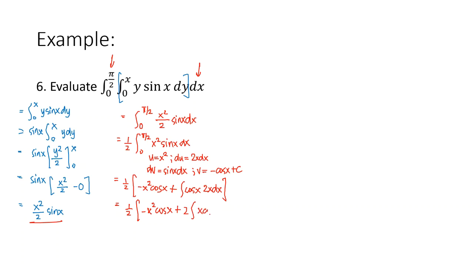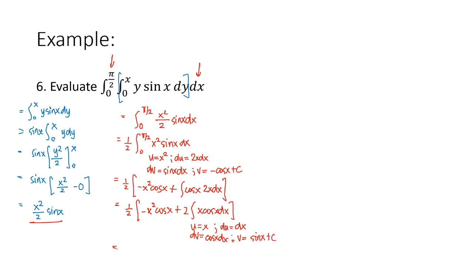We have the x cos x dx. So if you can observe, we cannot integrate this one yet because again, we still have the x here. So meaning to say we have to use integration by parts again. Let u is equal to x, du is equal to dx, dv is equal to cos x dx, v is equivalent to positive sine x plus c.